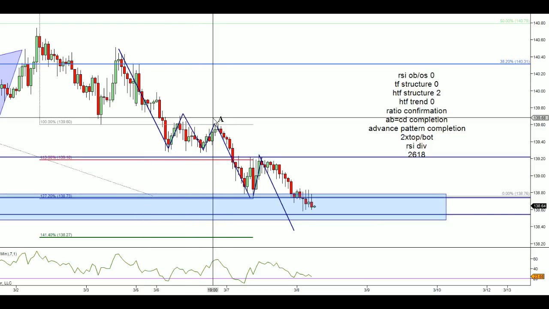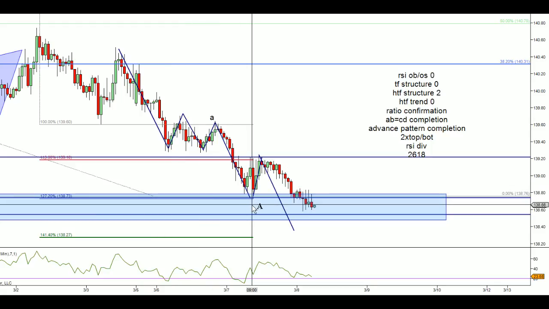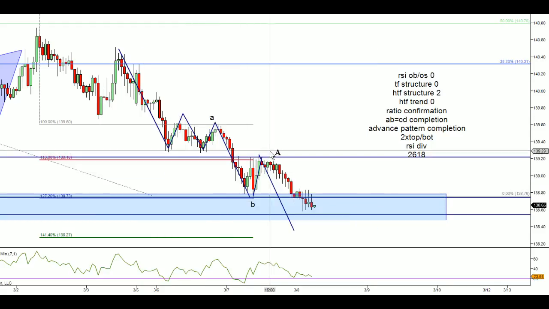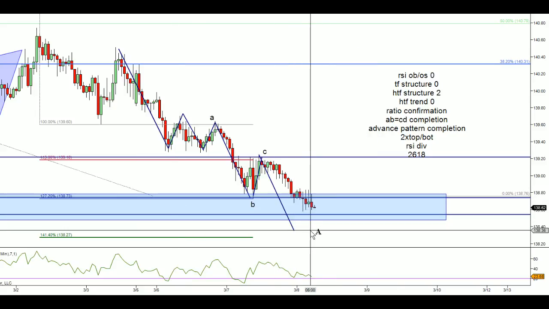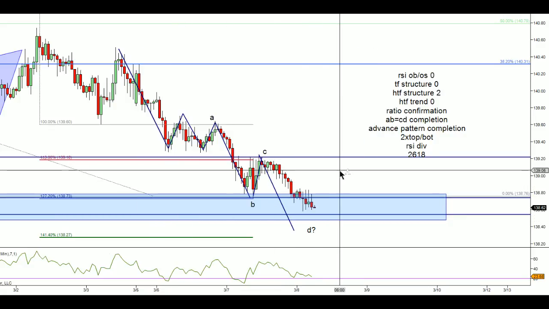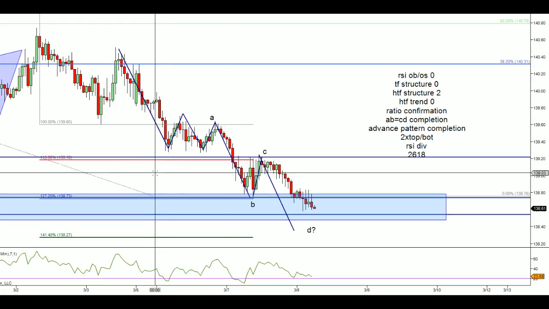So this here would be our A point. This would be B. This one here would be C. And if we get down there, this here would be D, which is just below that level.